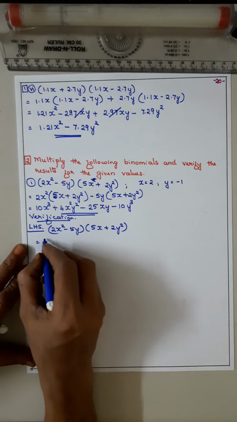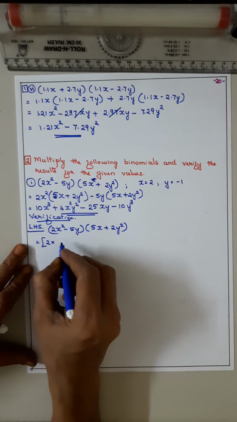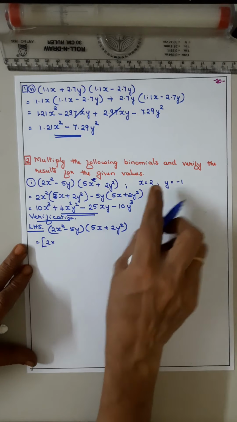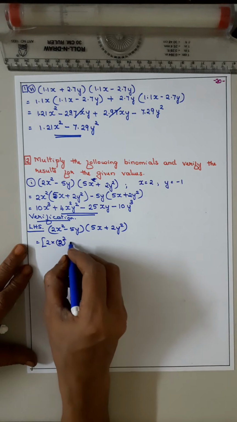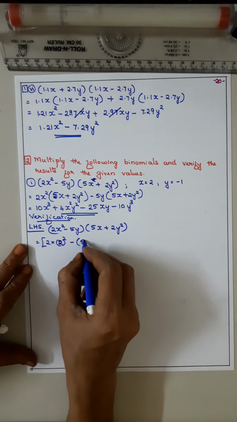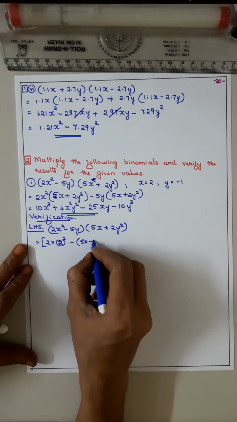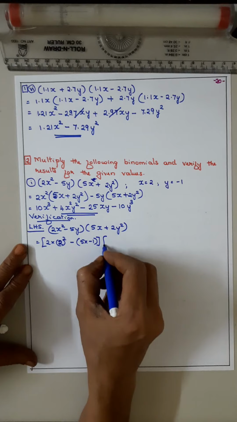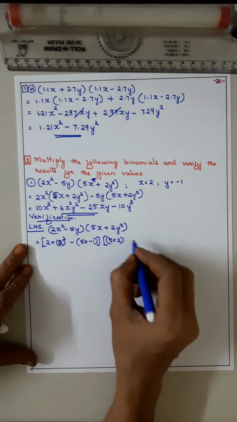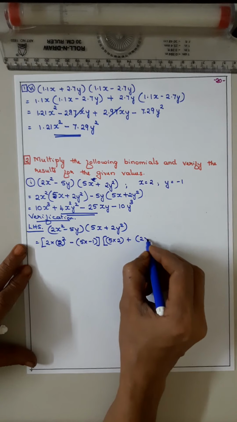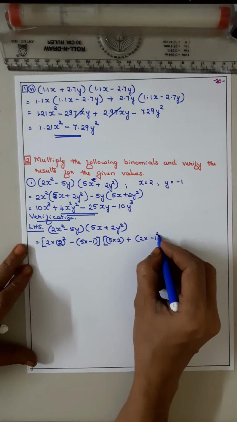Put the values. 2 into x is 2, minus 5 into y is minus 1. Now again bracket open, 5 into 2 plus 2 into minus 1 square.